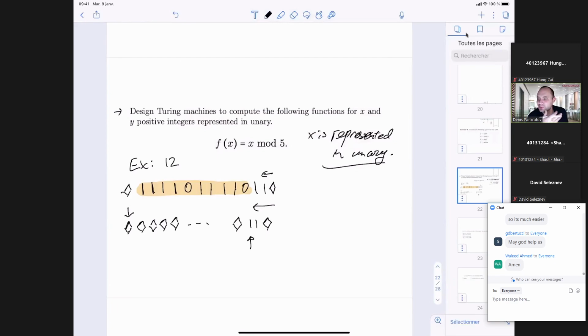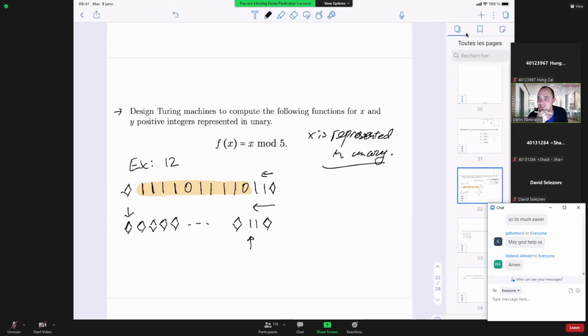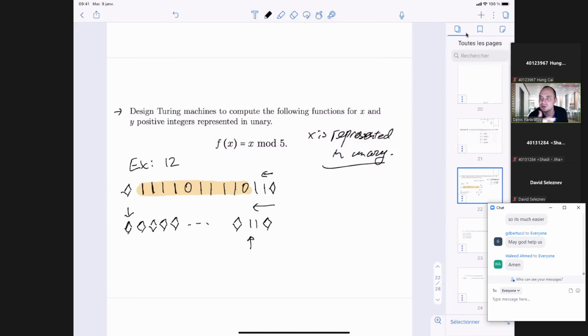Because the way that a transducer is defined, when you terminate, you need to be pointing to the first character of the output. So if we just use this strategy and we erase everything beyond 0, well, we can try going to the right until we hit the first one, and then we terminate.